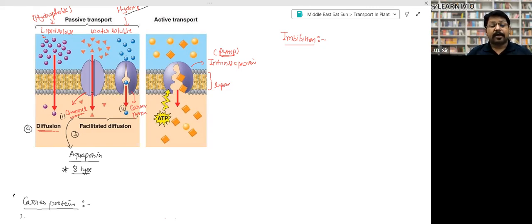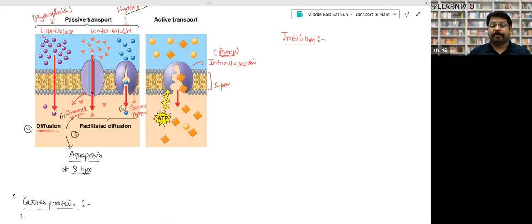So the school provides an assistant or helper standing at the gate. That helper picks up the bag of the kid, holds the hand of the kid and helps the kid to board the bus. So now that helper is the carrier protein.